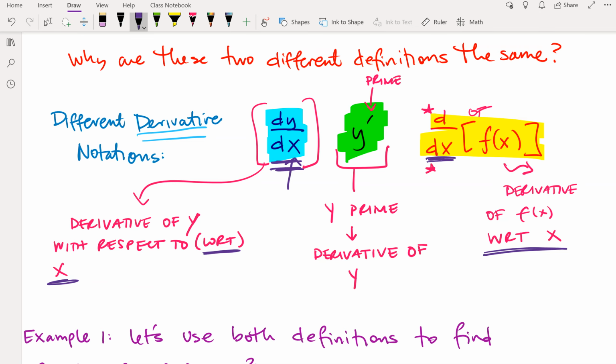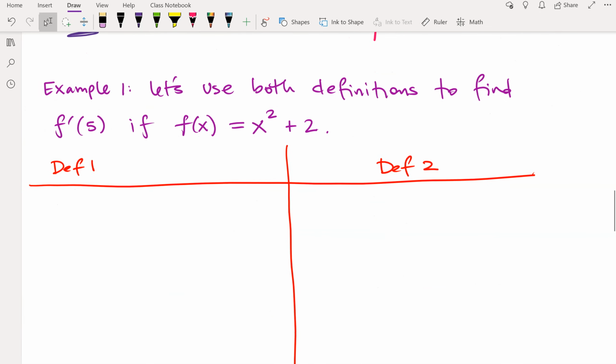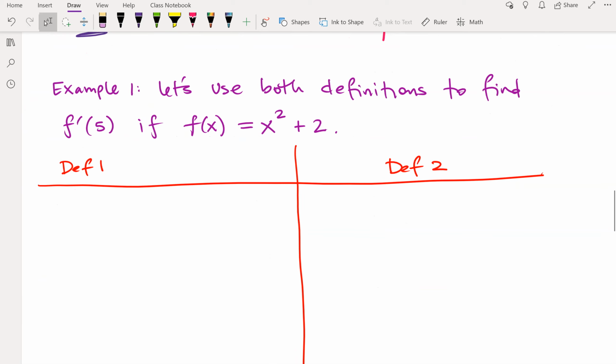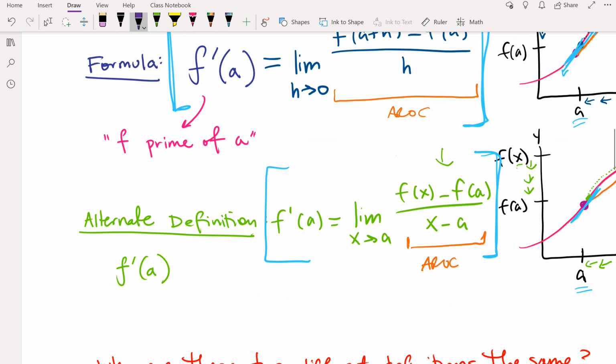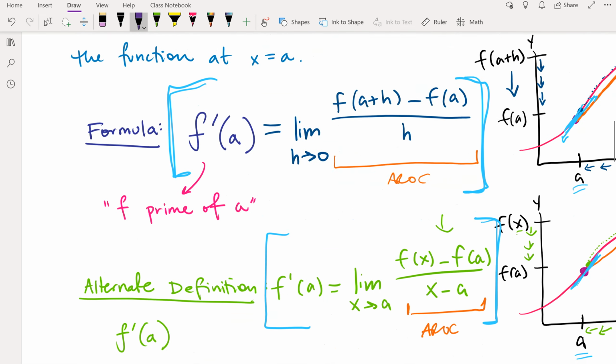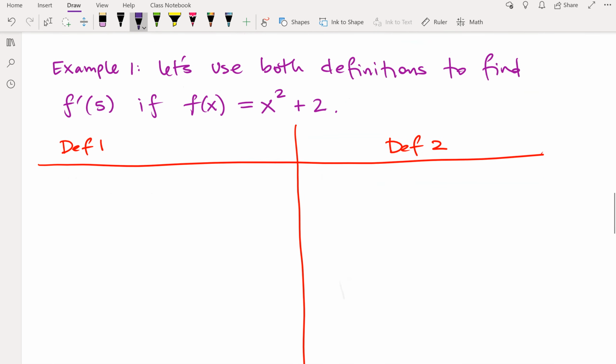Okay, now let's find some derivatives. We're going to use both limit definitions of the derivative to find the derivative. So the first limit definition, I did in blue, and the second one I did in green. Sorry, y'all, I'm trying to keep my colors consistent.